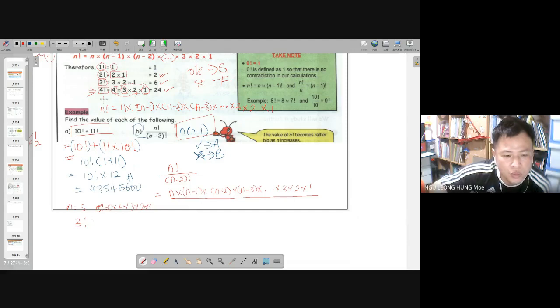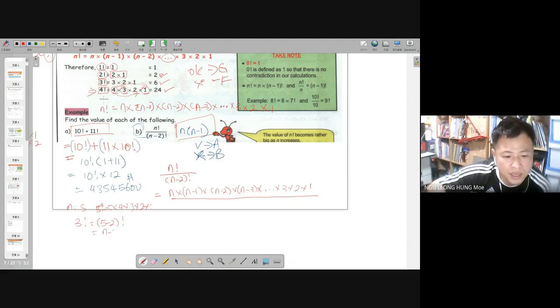What's the relationship of 3 with 5? 3 factorial is 5 minus 2 factorial, right?